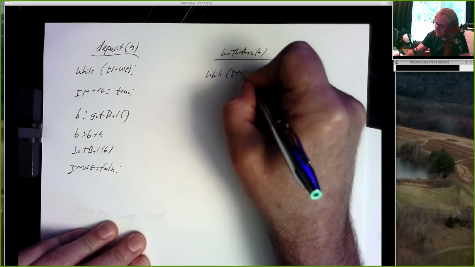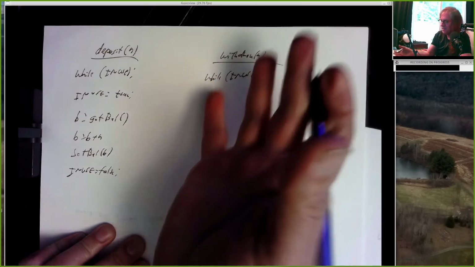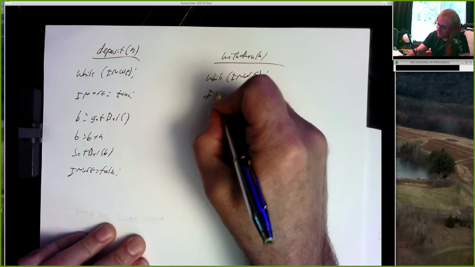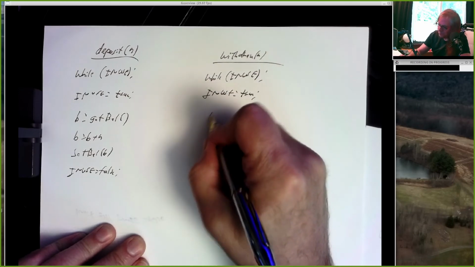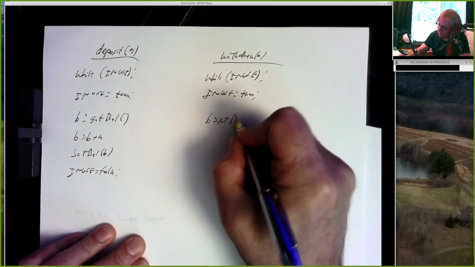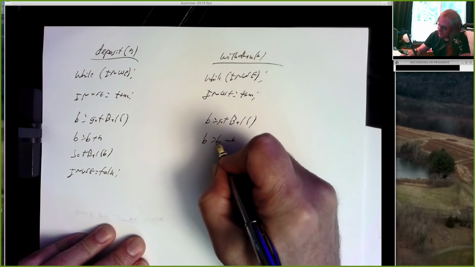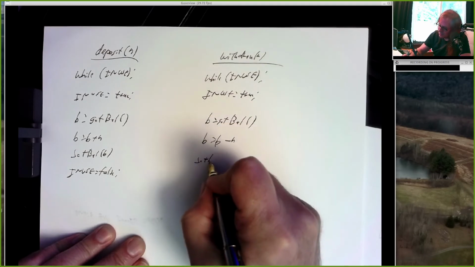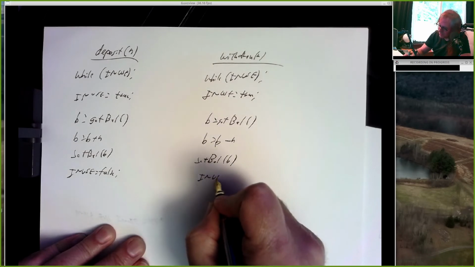First, we'll check to see if in use is in use, right? See if it's true. If it is, we'll sit here and spin. Otherwise, we'll say in use equals true. b equals get balance. b equals b minus n. Set balance b, and then clear our flag.